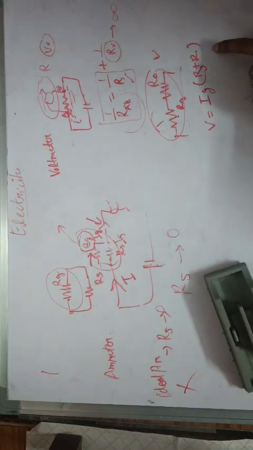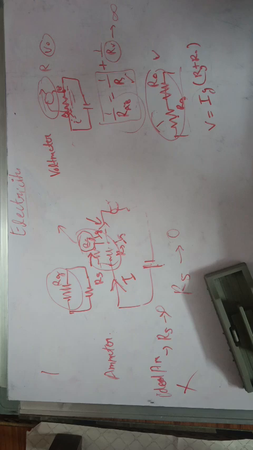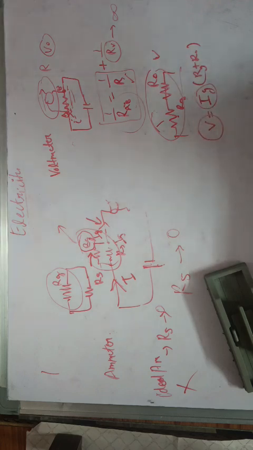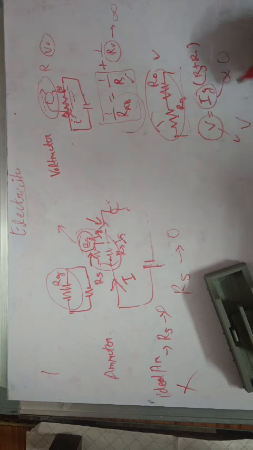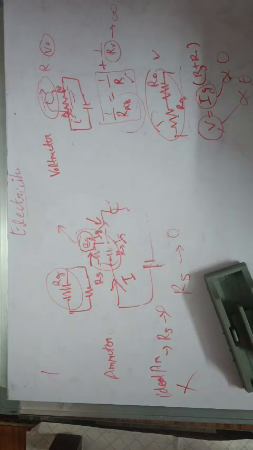So this is the resistance of the device, the voltmeter, and this is the current passing through the galvanometer. So somehow this current in the galvanometer is related to the potential across this wire. So we can tell the voltage, because this is related to the angle theta of deflection also.